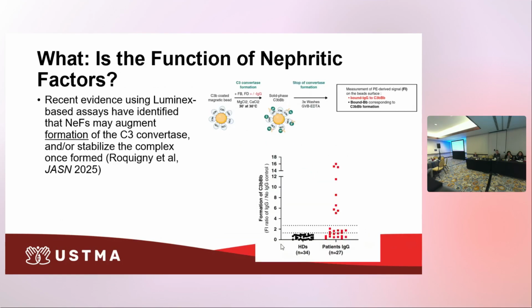So there's been some recent evidence that has further explored the function of nephritic factors, and this came from Veronique Fremeaux-Bacchi's group in Paris, where they used a Luminex-based assay that identified that nephritic factors may not only stabilize the C3 convertase, but it might actually augment the formation.